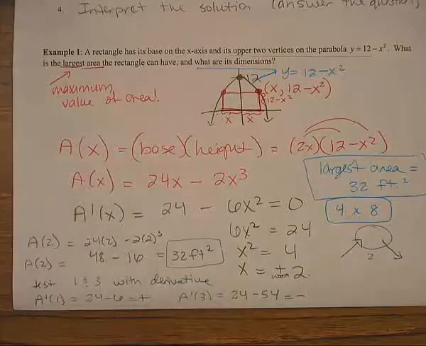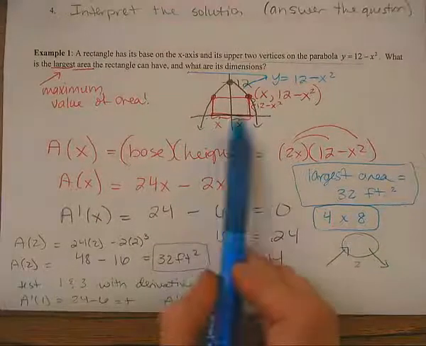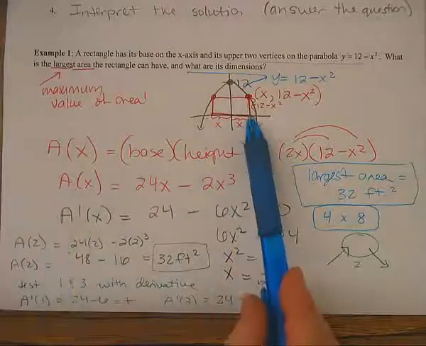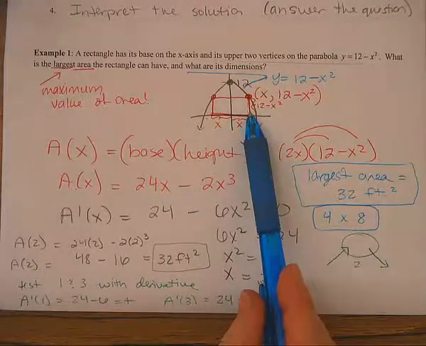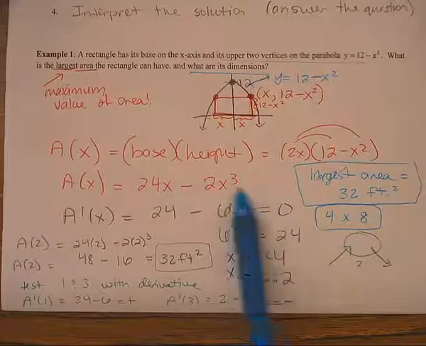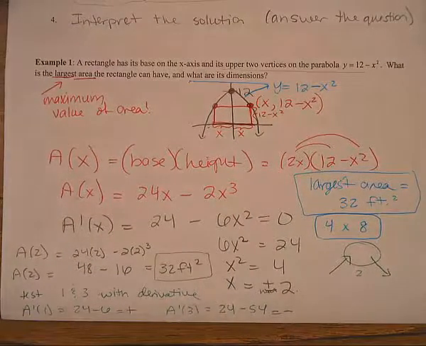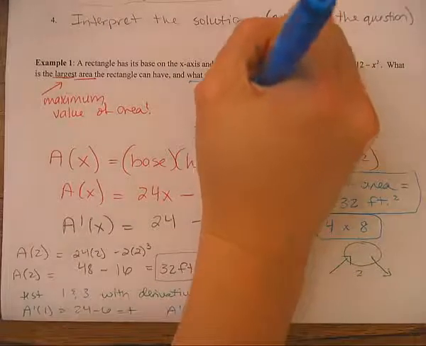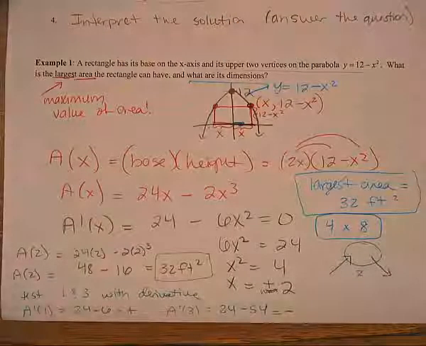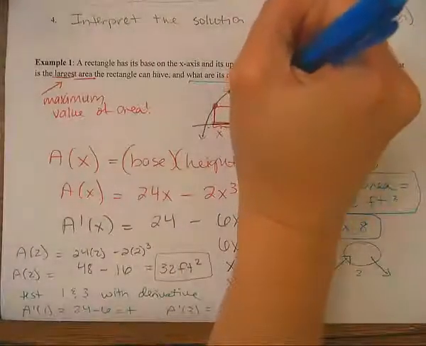And just one other thing I wanted to point out about this example is x is allowed to change. It's not a constant, it's a variable. So this area is going to be changing with respect to x. So for example, if I picked a different x value, like maybe right here, that would change my rectangle because to get up to the top of the parabola, I'd have to go up a lot higher.